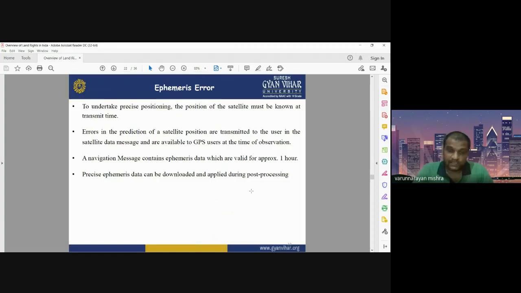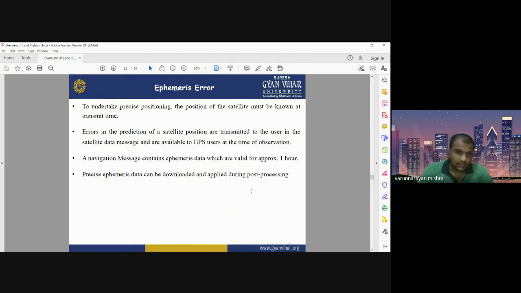So that data is known as ephemeris data. Okay, so you have to download that data to process your coordinates. The precise ephemeris data can be downloaded and applied during the post processing. So you have to process your data just after collecting the data in the ground.